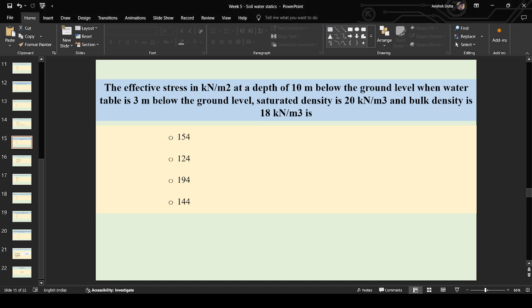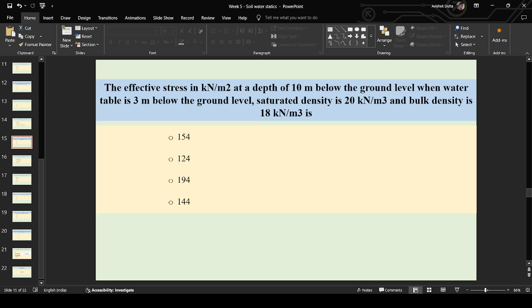I repeat the question once. The effective stress in kilonewton per meter square at a depth of 10 meter below the ground level when water table is 3 meter below the ground level, saturated density is 20 kilonewton per meter cube and bulk density is 18 kilonewton per meter cube is, the options are 154, 124, 194 or 144, all the options in kilonewton per meter square.